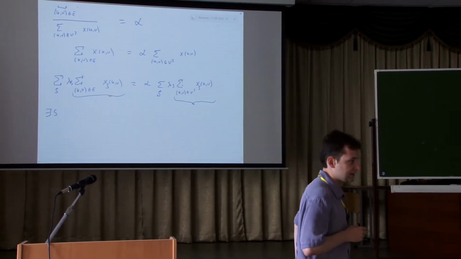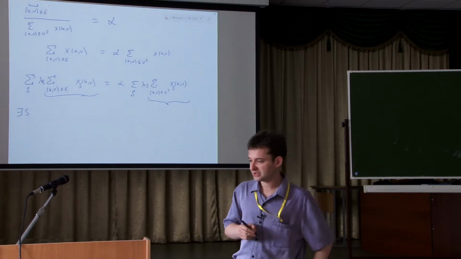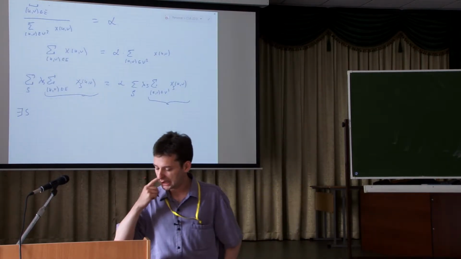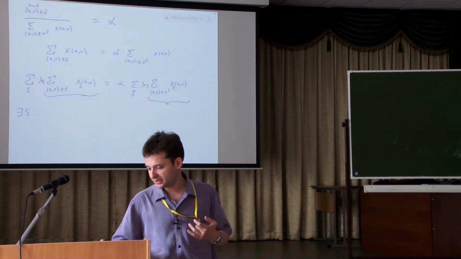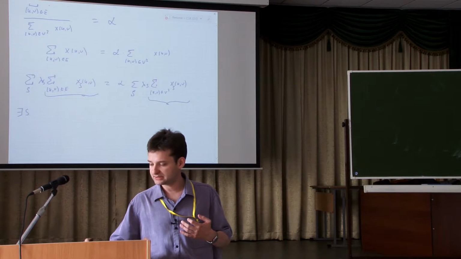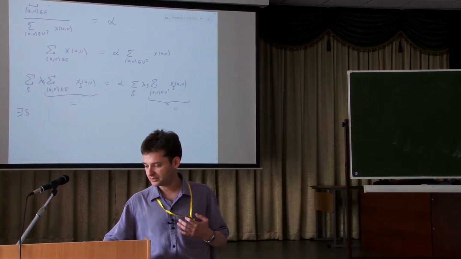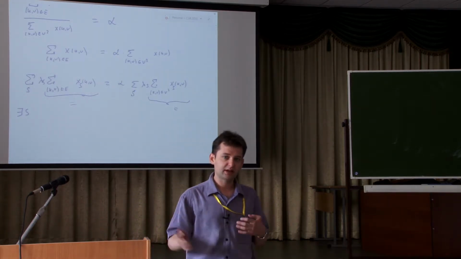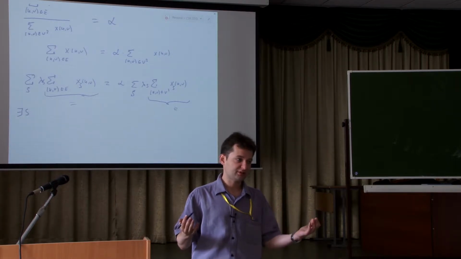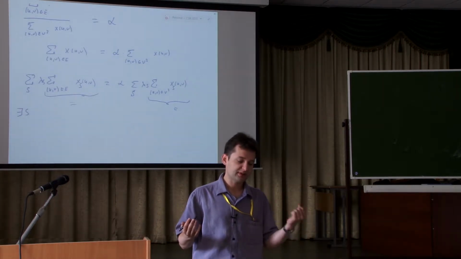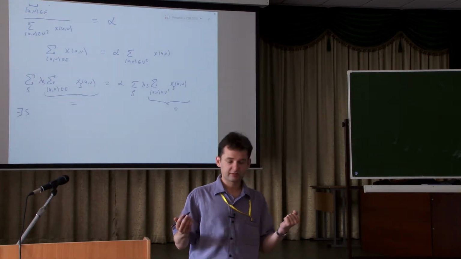If we had an inequality in the opposite direction for every S, we wouldn't have equality in this sum. In other words, we have a probabilistic distribution of cut metrics here and here, and we know that the expectations are equal, and it means that sometimes the random variable on the left hand side is less than or equal to the random variable on the right hand side.